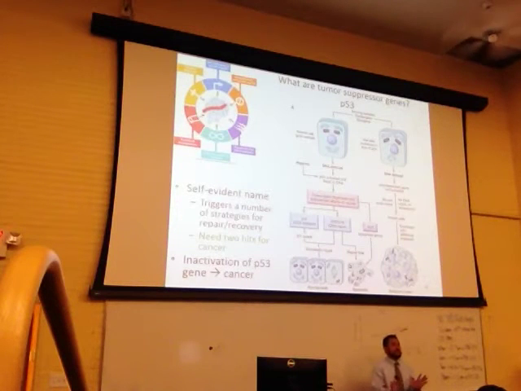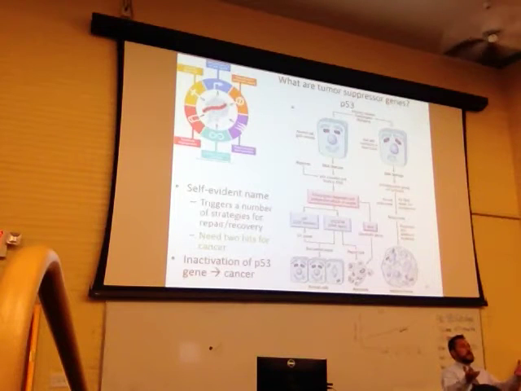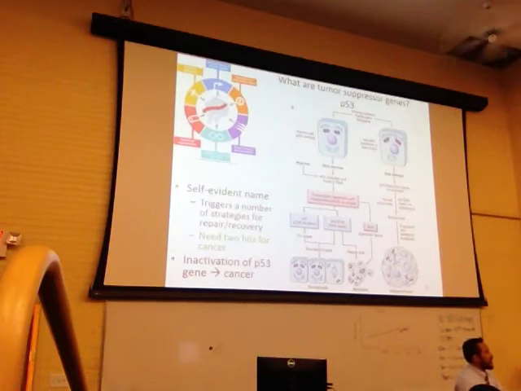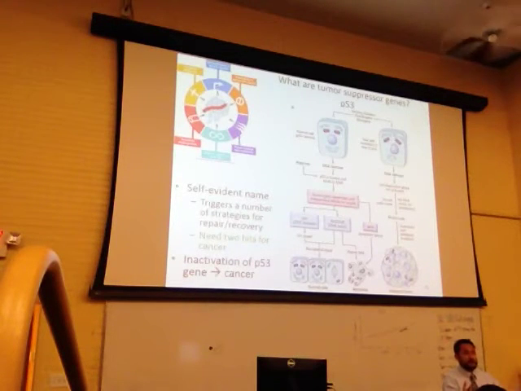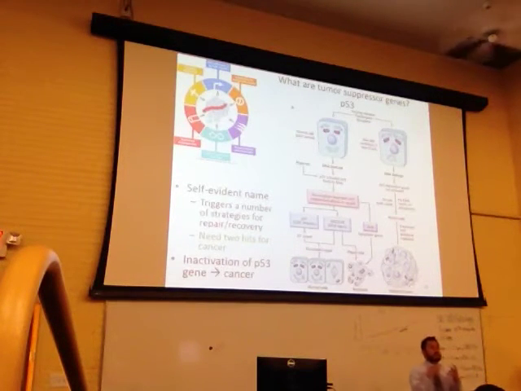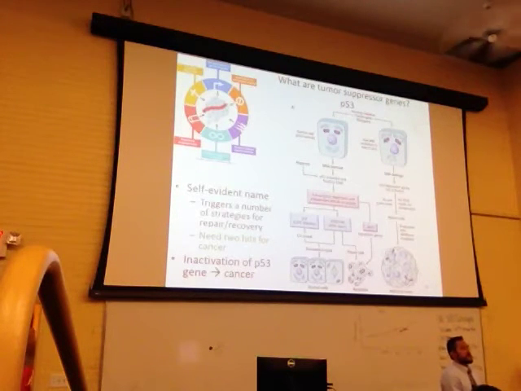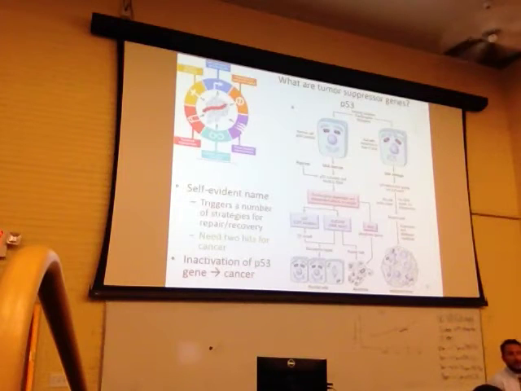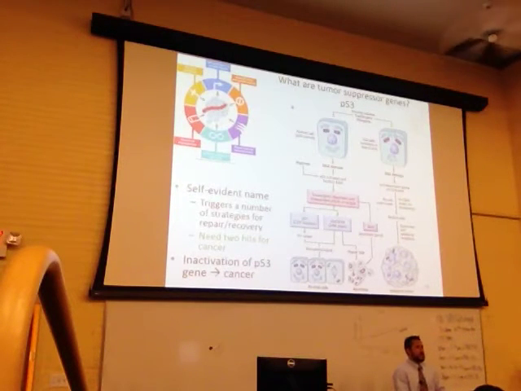So P53 expression right now in your body is upregulated during times of the day when you're exposed to different types of mutagens. So it's normally occurring. It's a tumor suppressor gene that's supposed to be on, and it's on when you have tissue that's hypoxic, or when you have radiation exposure, like going outside on a sunny day.